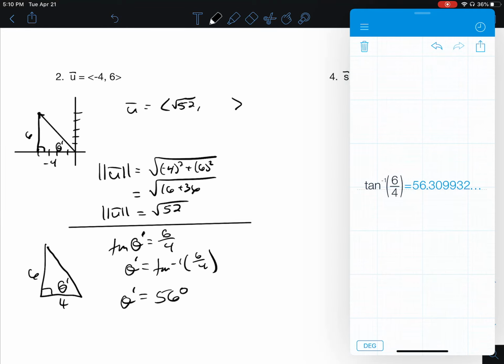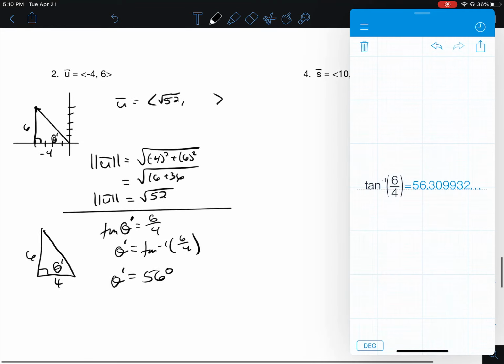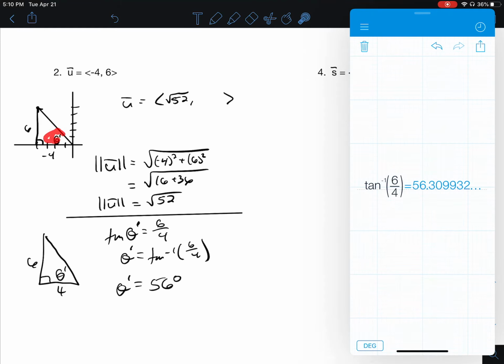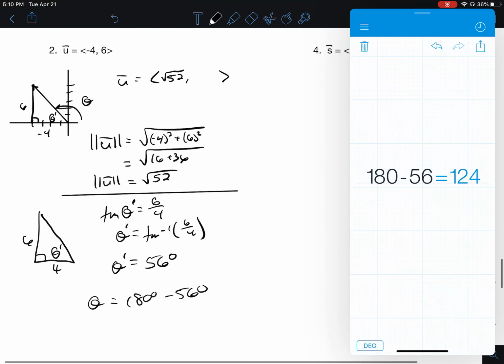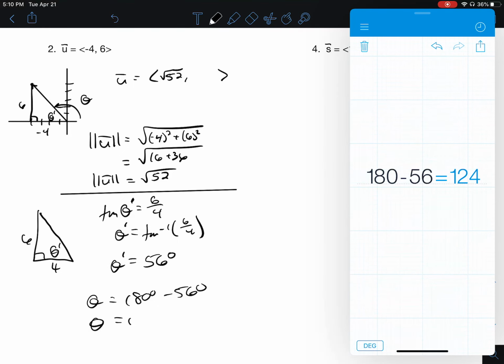It is the reference angle. So if this is 56 degrees here, this angle that we're trying to find, theta, is going to be 180 minus 56. That's going to give us 124 degrees.